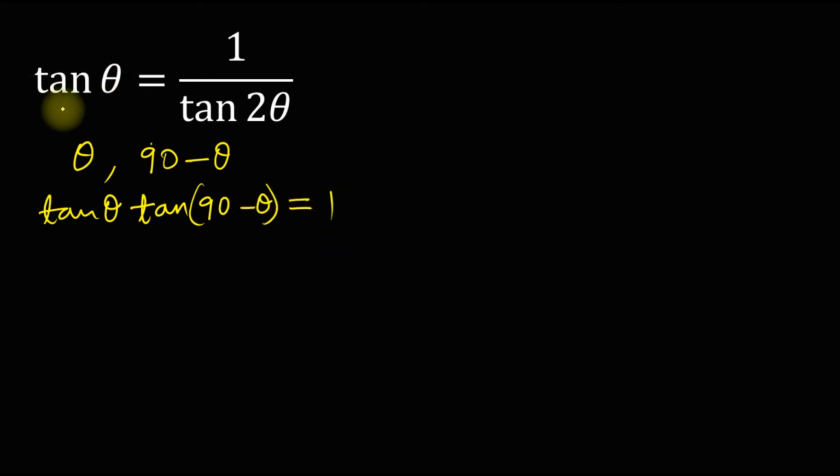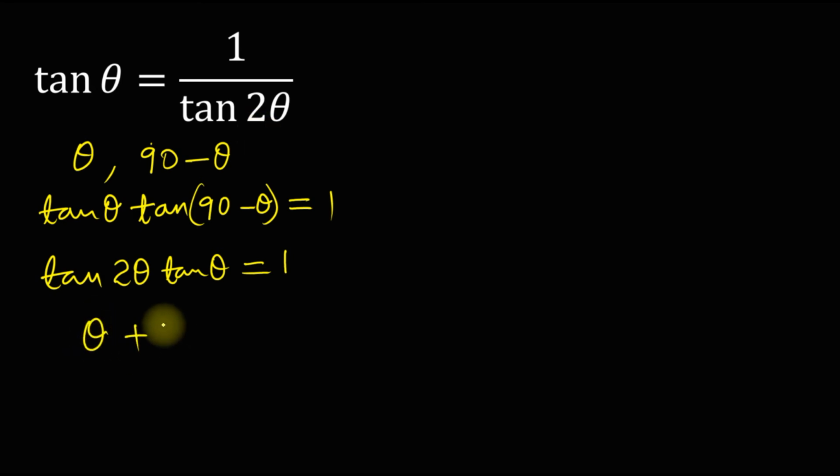The same case, whatever we have here, we can also rewrite it. If you multiply both sides by tan 2 theta, we shall get tan 2 theta times tan theta is equal to 1, whereby the product is equal to 1. Therefore theta plus 2 theta will be equal to 90 degrees.